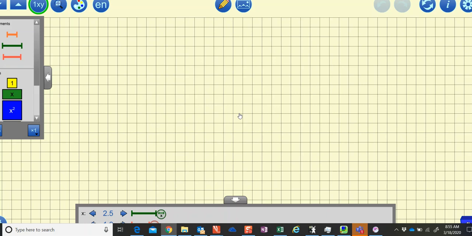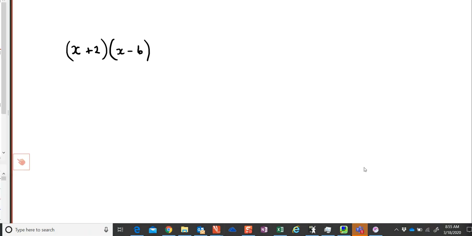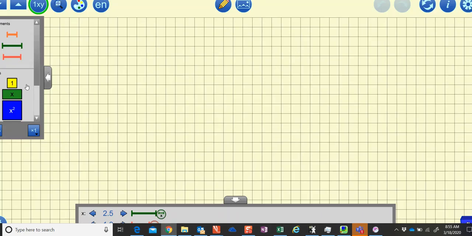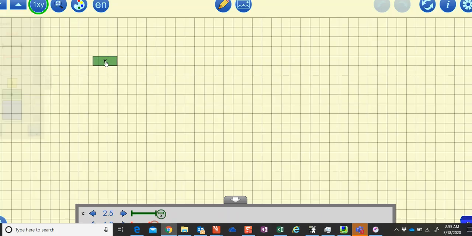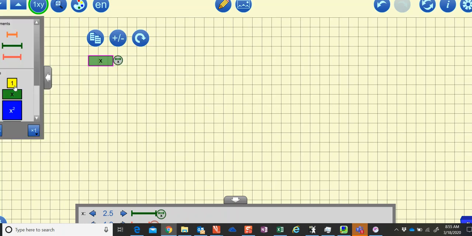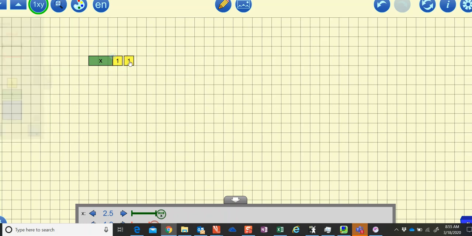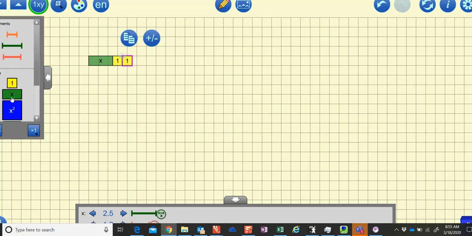So for instance, if I want to do the question that we're talking about, which is x plus 2 and x minus 6, I'm going to represent that. So I'm going to put x, and then I'm going to have 2 units. I can make it slightly bigger if I want, just to fill my squares.